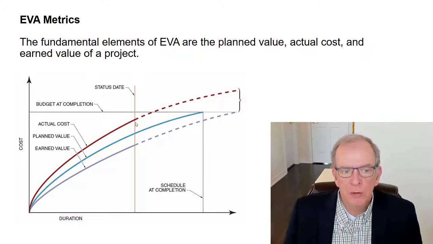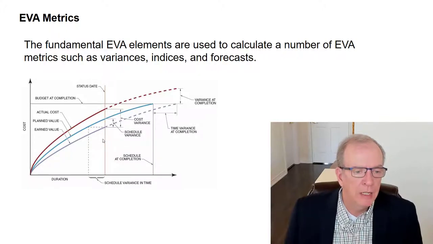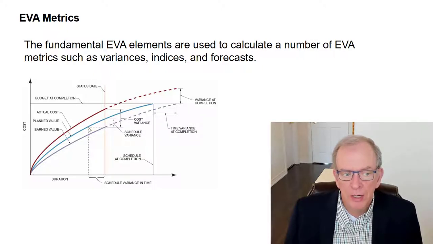We could compare those actual costs to the planned value of the cost, but of course we also have to think about what we planned to have done. If we look at that a little bit closer, we've got several things to consider. There's the actual cost that we've incurred and how much that is above the budget amount. We also have where we were supposed to be on the project.